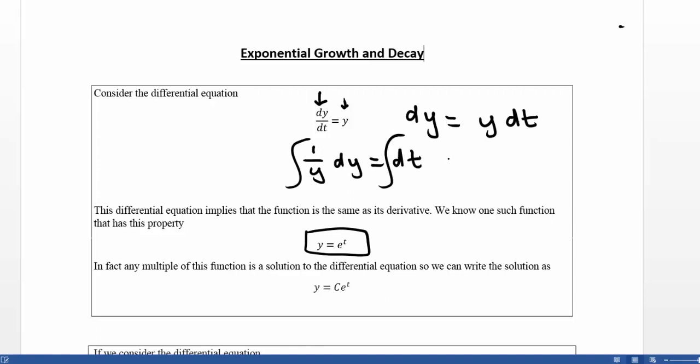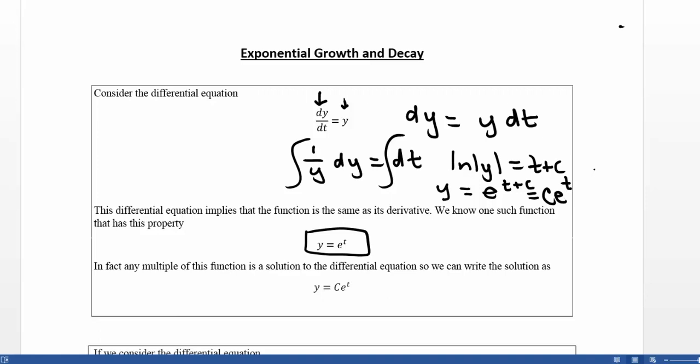If we integrate both sides, we get the natural log of the absolute value of y equals t plus c. If we exponentiate both sides, we get y equals e to the t plus c, which is the same as c e to the t algebraically.